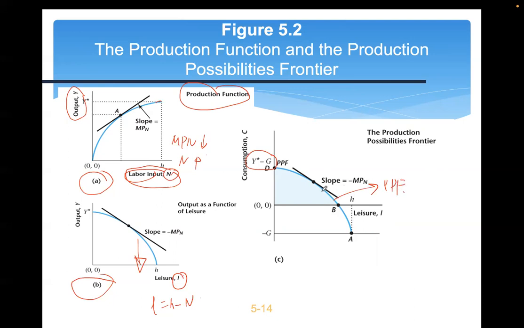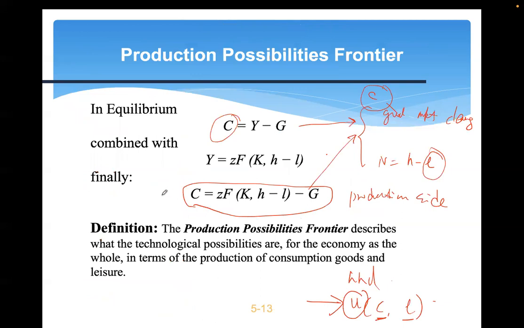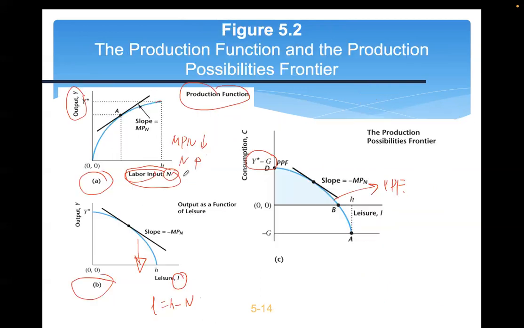Actually, this curve corresponds to, let's go back to the previous one, this one. This curve is C equal to Z times F of K, H minus L, minus G. And this curve is going to tell us the trade-off between C on the vertical line and L on the horizontal line.